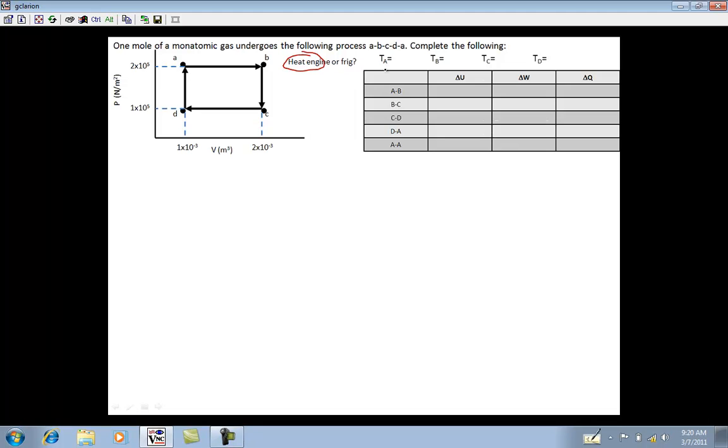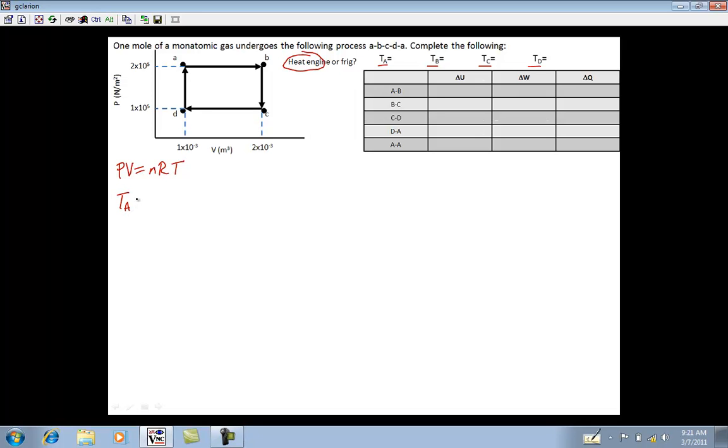Then it says complete the following. What is the temperature at A, at B, at C, and at D? So we've got 1 mole. So T sub A. How would I go about figuring out the temperature? Well, what would I use? Okay. We would use the equation PV equals nRT.